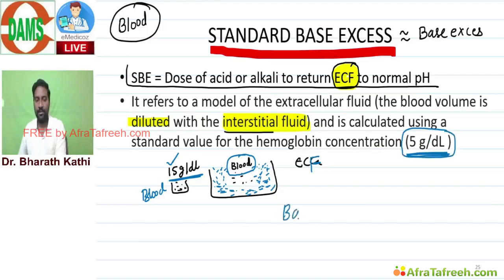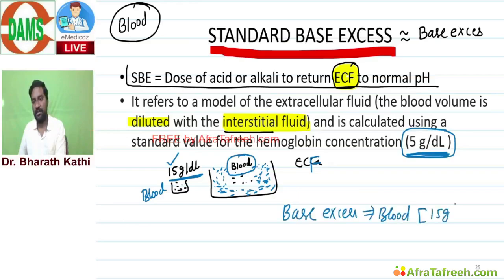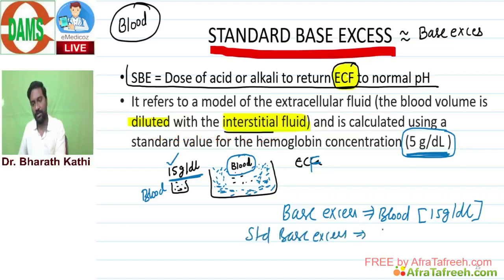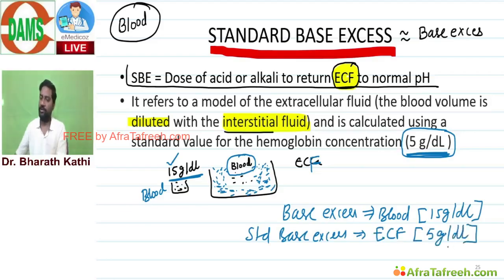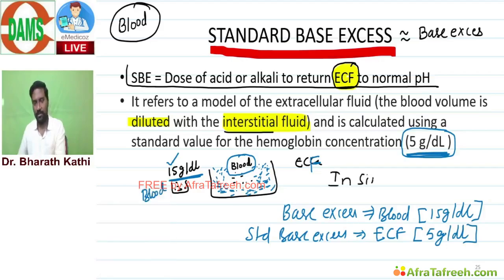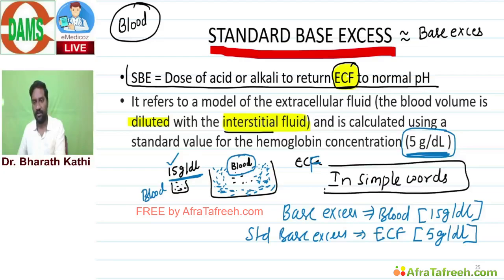In simple words, routine base excess is nothing but for whole blood. We calculate the base excess taking hemoglobin concentration as 15 gram per deciliter. Standard base excess means it is not just blood, it is the complete ECF. Here we use the same formula for base excess, but we change the hemoglobin value to 5 gram per deciliter. So in very simple words, that is the difference between base excess and standard base excess.